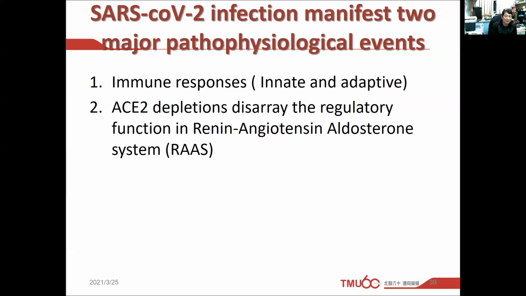This behavior will deplete the ACE2 receptor expression, the number on the host cells. As we know, ACE2 is a very important converting enzyme. It converts angiotensin 2 and angiotensin 1 into short peptides, angiotensin 1-7 and 1-9. This is very important to maintain the balance of RAAS.